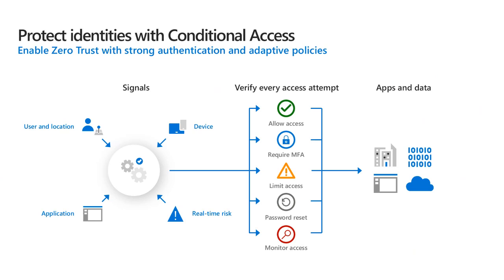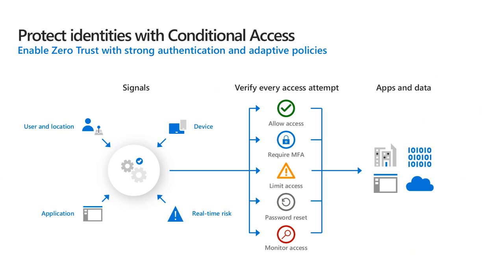Or, as I said earlier, we detected it on the dark web, so we're forcing you to do a password reset. Or we could put this in monitor mode. Hey, here's a new policy I want to apply. Let's see what it does first before we enable it. And I'll touch upon that. And then the decision is made, okay, now you can access the applications and the data and things like that.